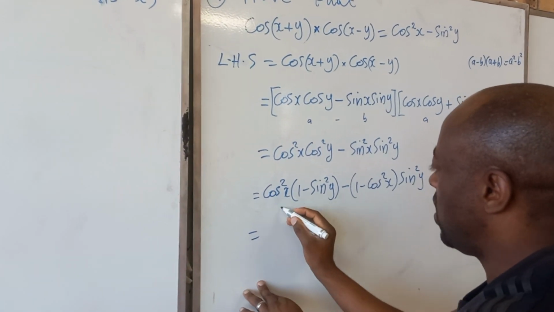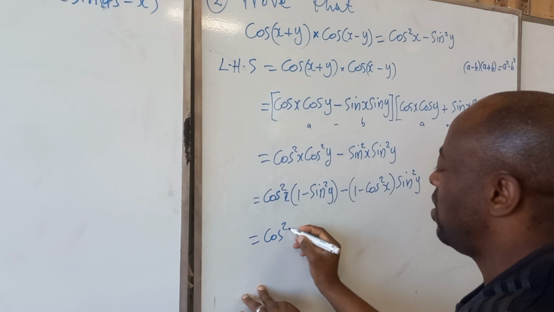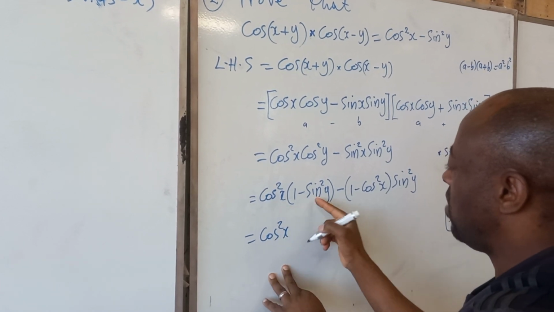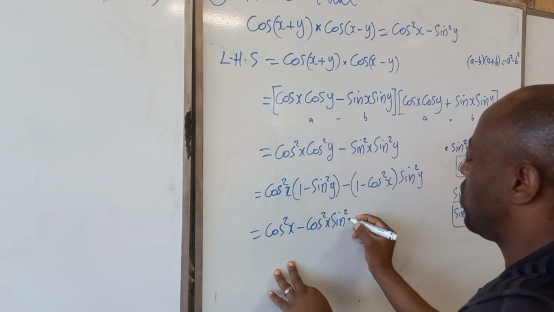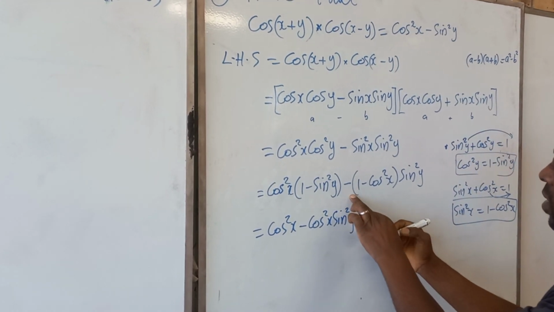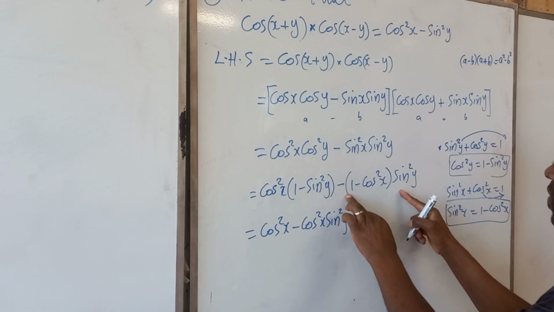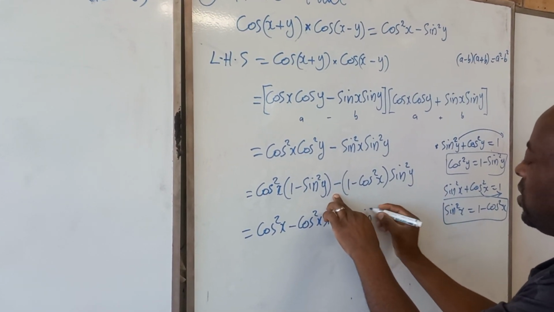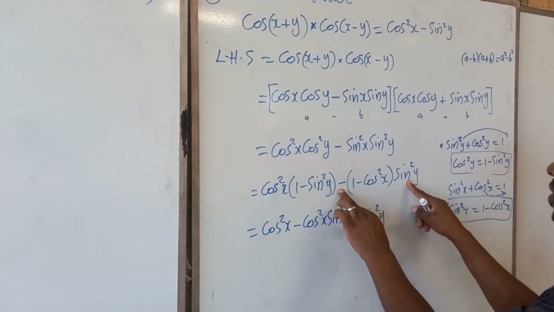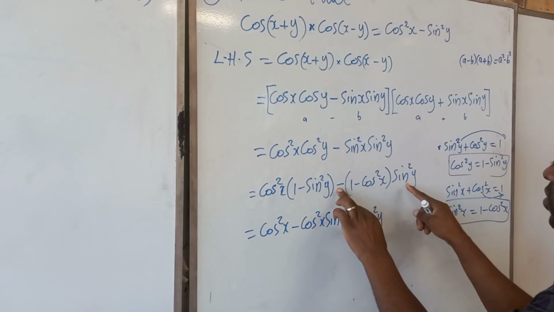If I open up my bracket, cos square x times cos square x sine square y. And if I come here, don't forget there is a negative that is coming in together. So this will be negative sine square y, and this negative and this one will also come in together.